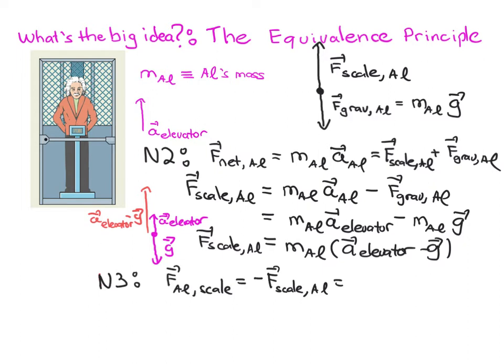And that is just equal to, if we put a minus sign in front here, it's going to flip the order of these around. So we can write this as m_Al times g minus a_elevator.